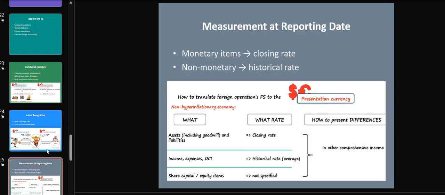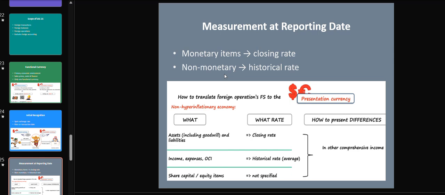Next we have measurement at reporting date. What happens when we reach the end of the year? We have to treat two types of items differently. First, monetary items. This is cash, money owed to you or money you owe. These change value every day, so we must retranslate them using the closing rate on the balance sheet date.